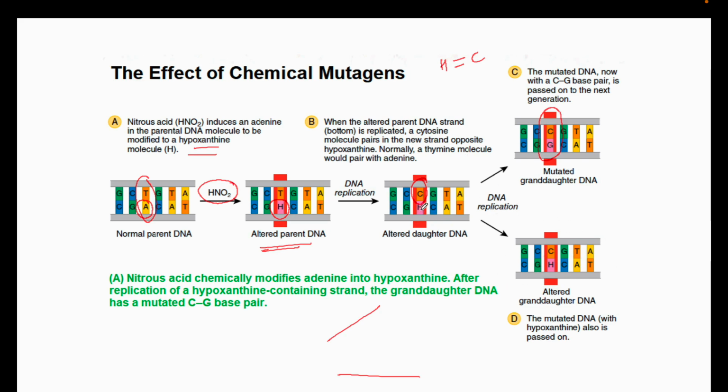And again against the hypoxanthine there will be further addition of the C. Then the mutation will be sustained in the cell. So what is happening? Nitrous acid is a deaminating agent. It converts adenine to hypoxanthine, and thus there is a mutation. TA to GC.